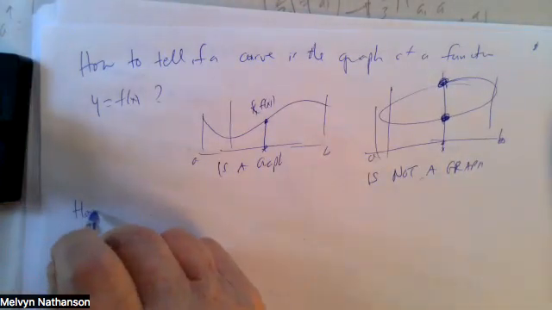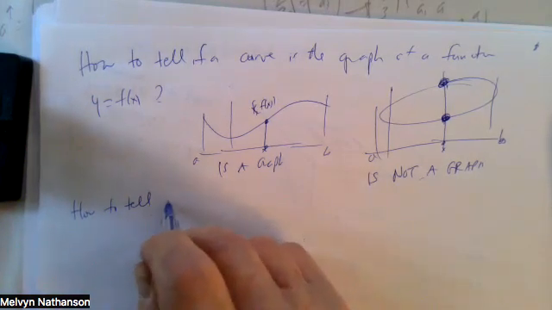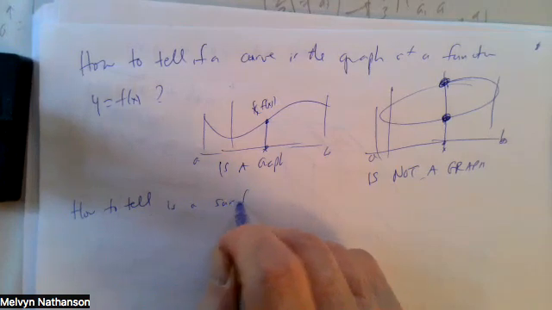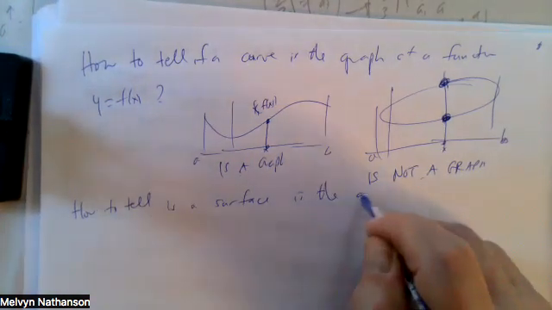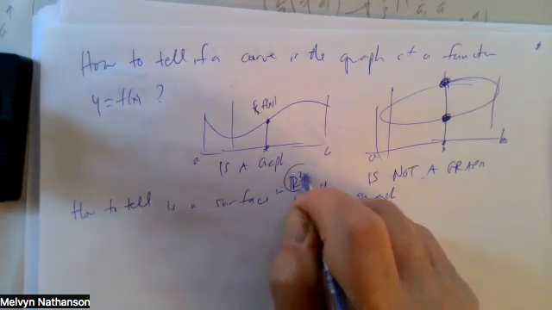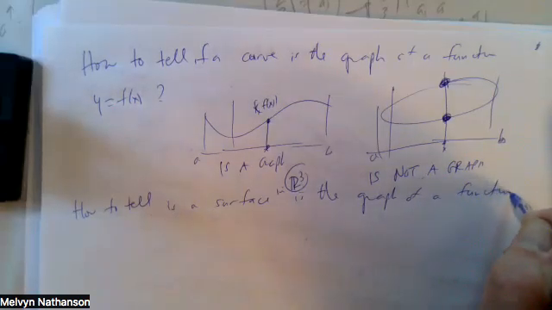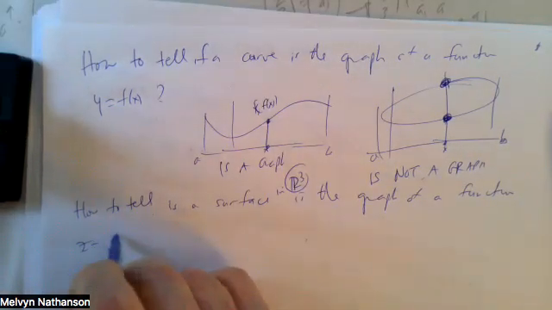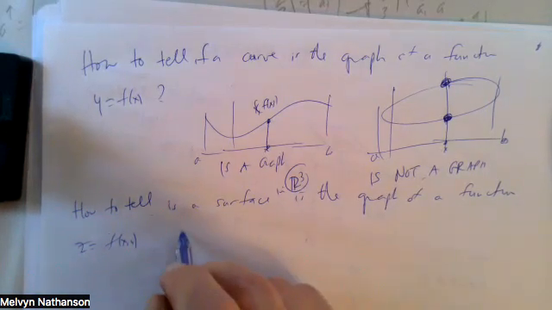So we could ask the same thing about a surface. How to tell if a surface in R3, in three-dimensional space, is the graph of a function z equals f of xy. Well, it's exactly the same way.